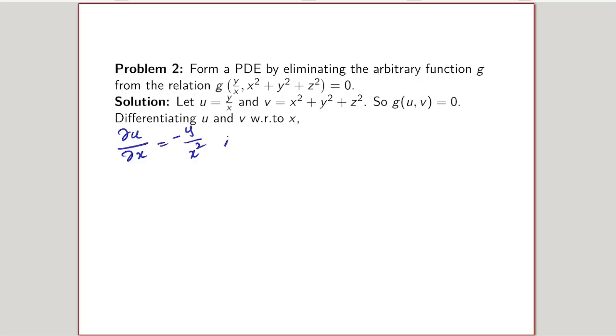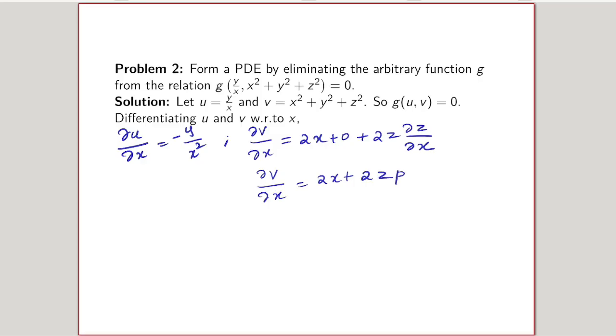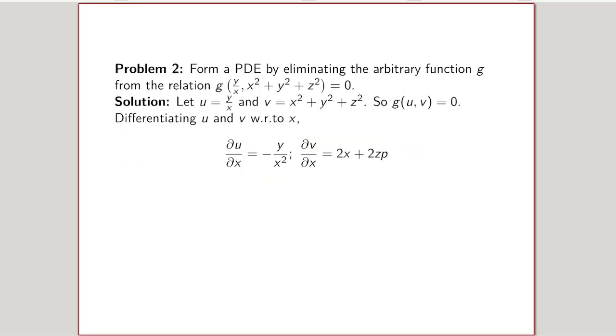And then dou v by dou x, it is nothing but 2x plus 0 plus 2z into dou z by dou x. So dou v by dou x, it can be written as 2x plus 2zp. Next one, differentiating u and v with respect to y.